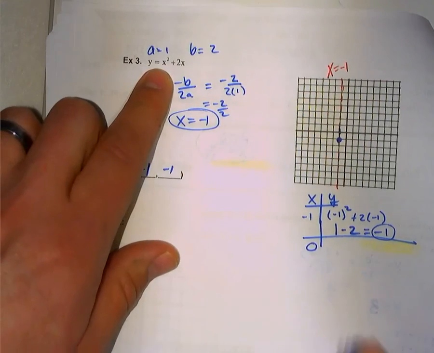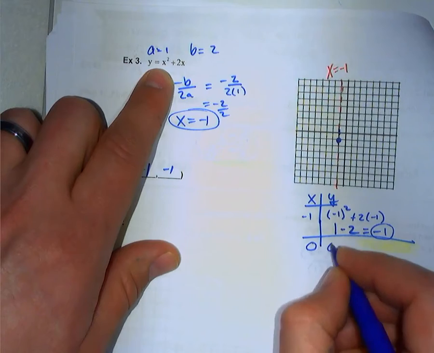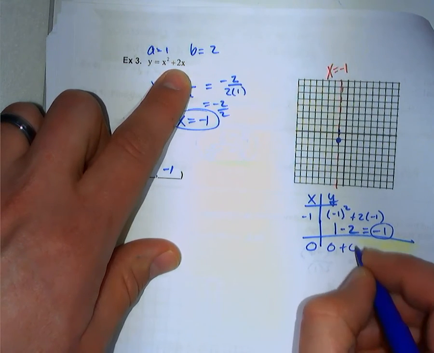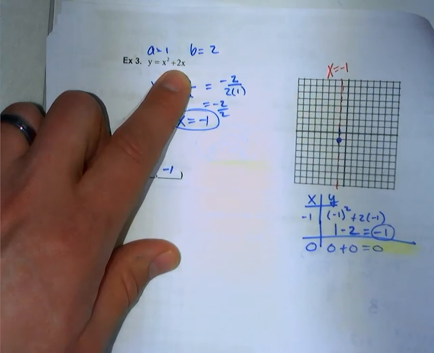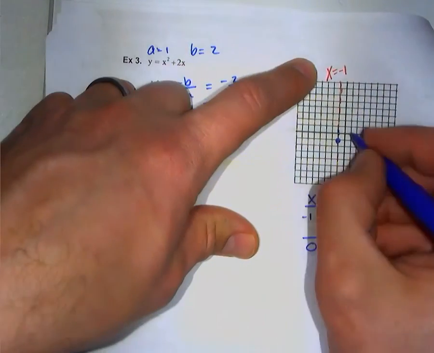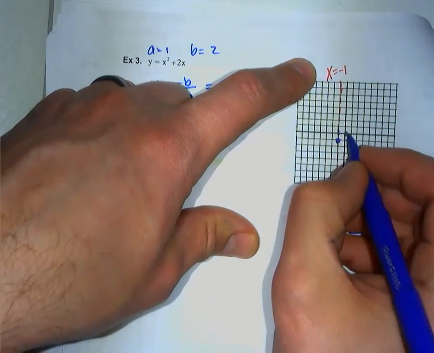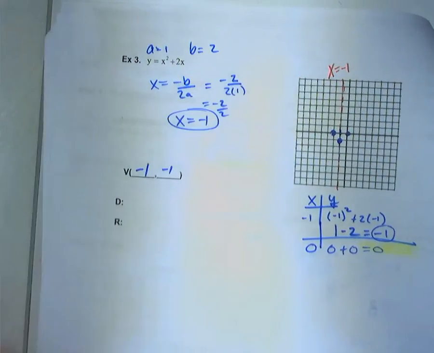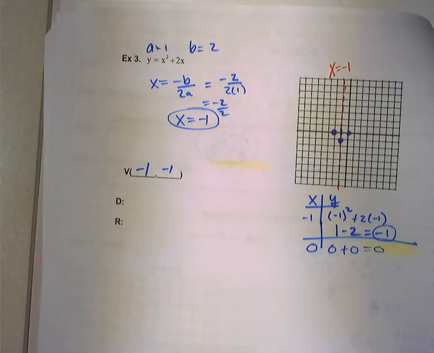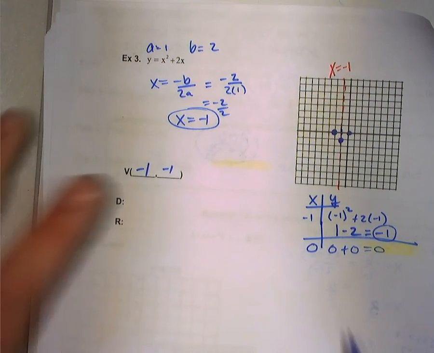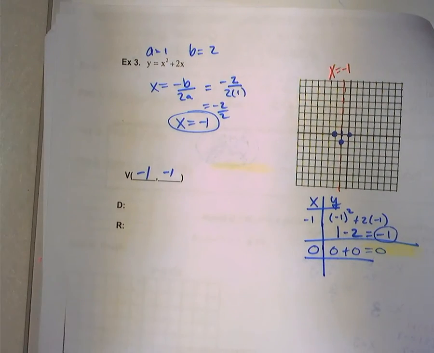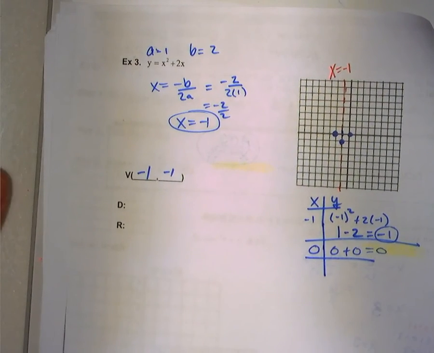What's 0 squared? 0. What's 2 times 0? 0, and 0 plus 0 is 0. So now I got this point here. It's symmetric. Same thing happens if you plug in negative 2, you'll get 0. Okay. That's the bare minimum, guys. Those are the 3 points I need.